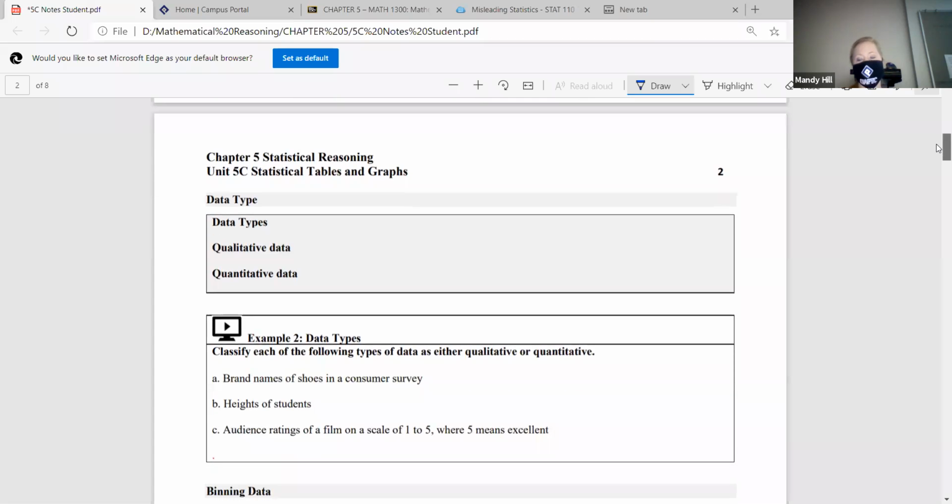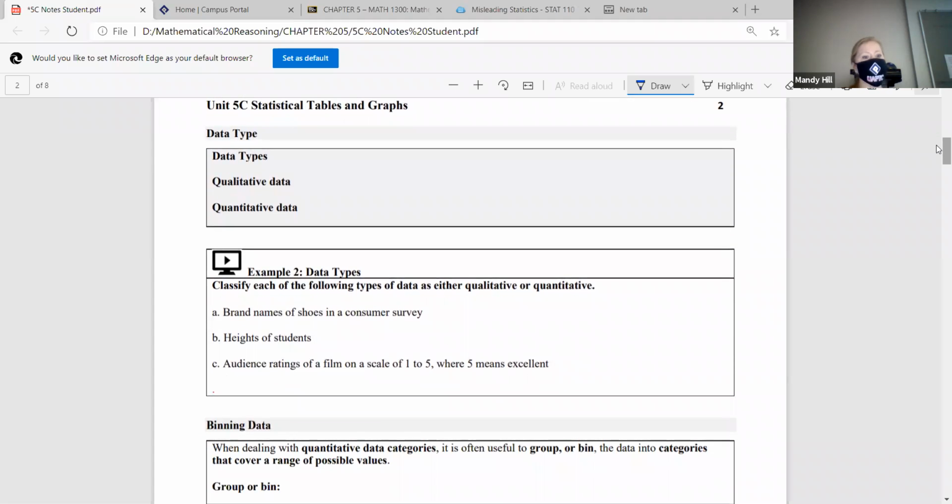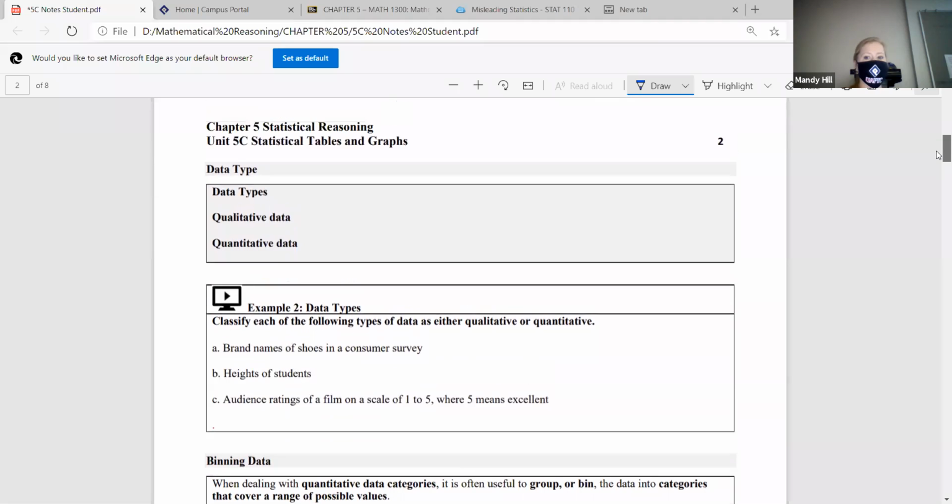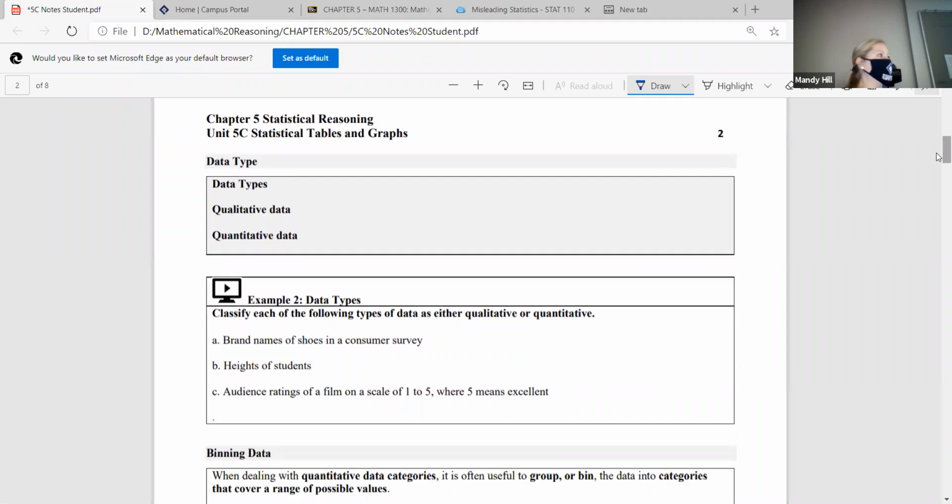Okay, so another thing we talked about in Project 2 was the difference between qualitative data and quantitative data. Qualitative data is the kind of data where you get words for answers, like what's your favorite color, or what's your favorite restaurant, or what's your favorite musician. That's qualitative data. You don't get numbers for answers.